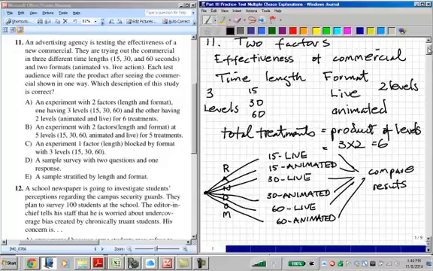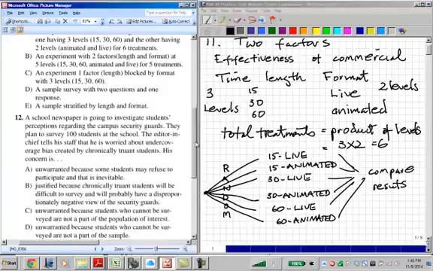So there's no blocking, and there's certainly not just 2 questions and 1 response, and it's not a survey. And it's not a sample. Okay, it's an experiment. So D and E are wrong because it's not a survey. Okay, it is an experiment. Number 12.